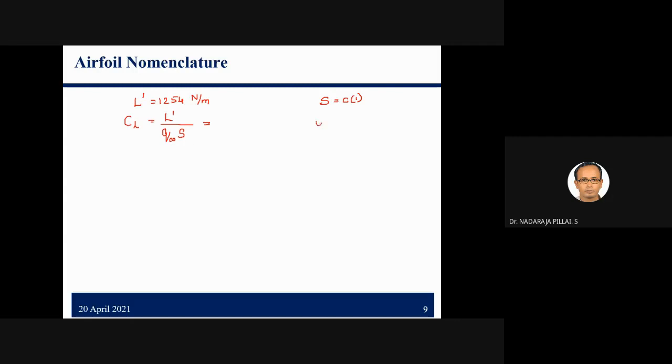Q infinity, you know very well, is equal to half rho infinity V infinity square, and V infinity is already 70 meter per second, and rho is 1.225 kilogram per meter cube.